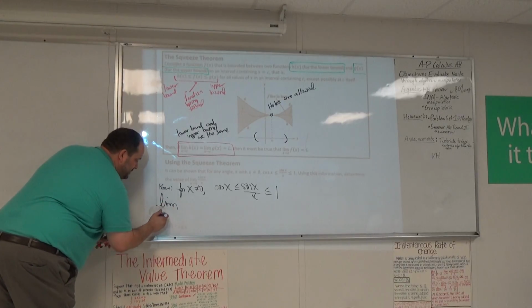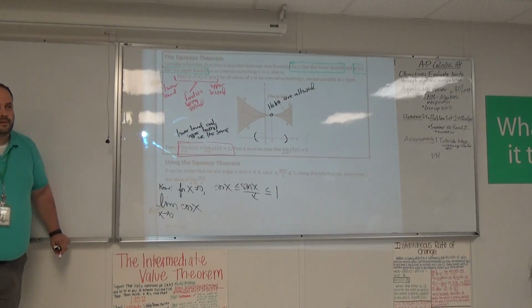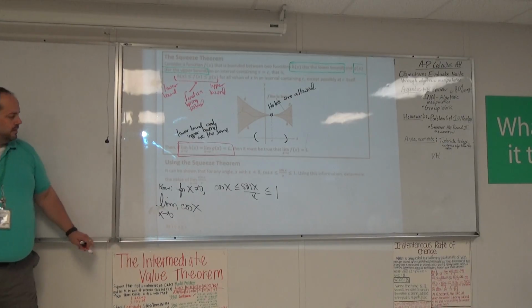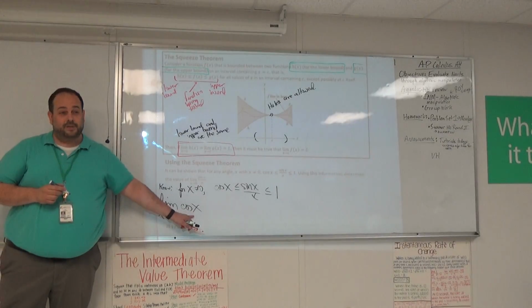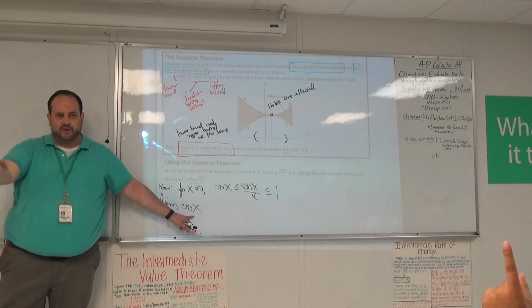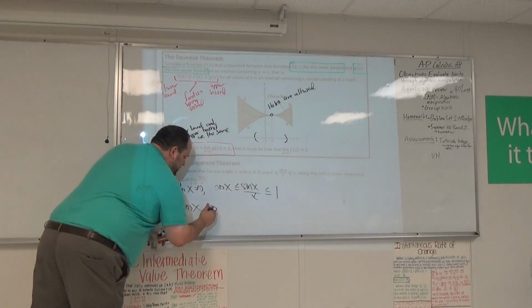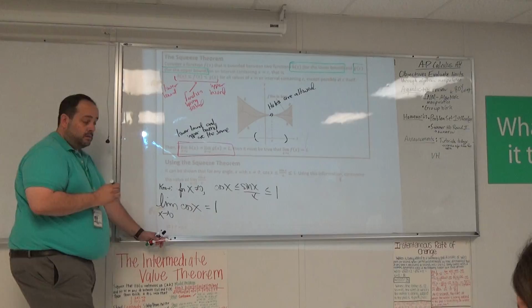Well, what's the limit as x approaches 0 of the cosine? Cosine graph, what happens, what's the limit as x approaches 0? And if you need to look at your survival guide, it's okay. The cosine of x approaches 1.